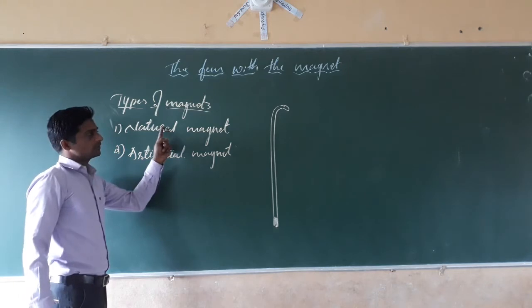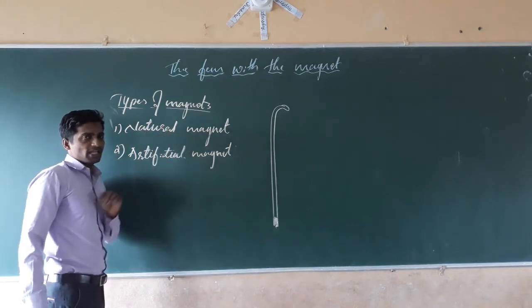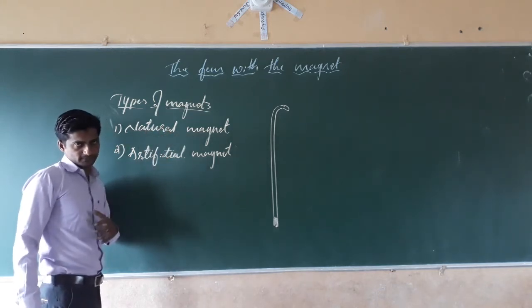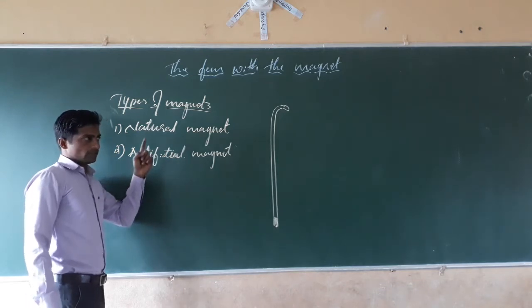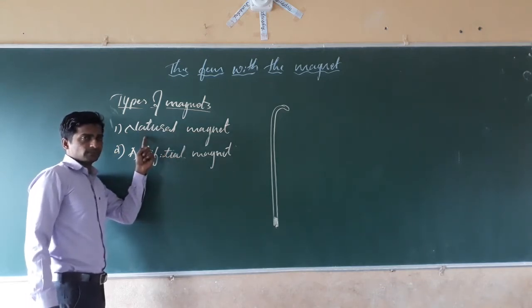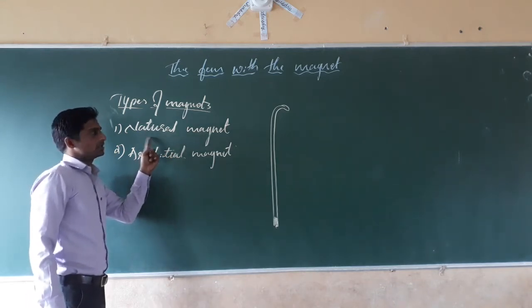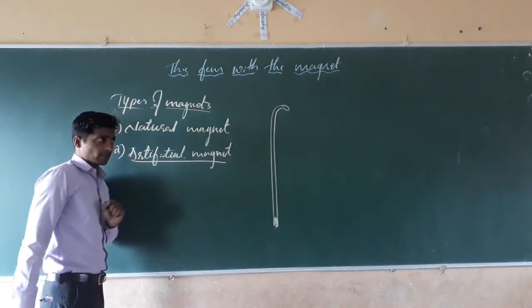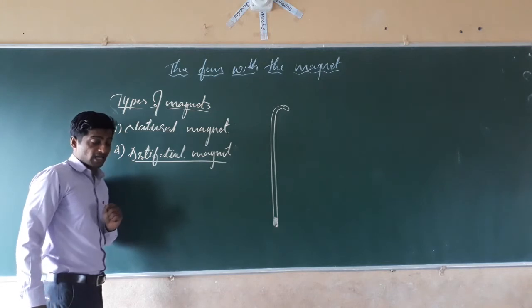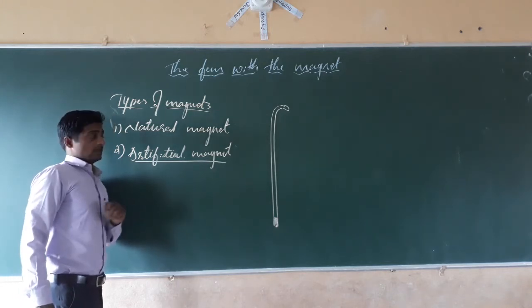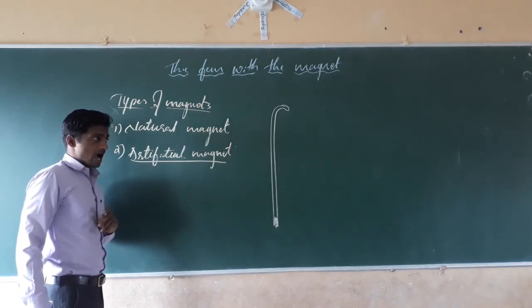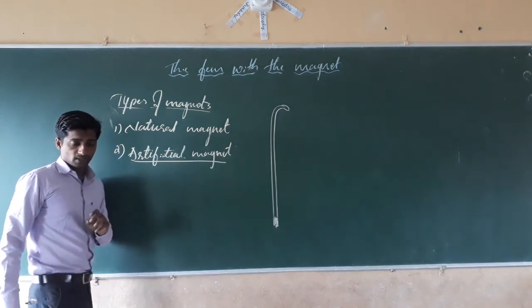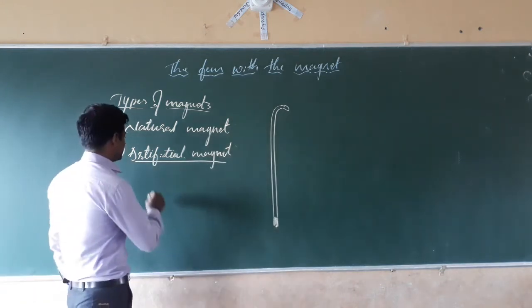Natural magnet means the magnet which is obtained naturally in the earth's crust. Artificial magnet means the magnet which is prepared with the help of iron artificially in the factories. Such magnets are called artificial magnets. There are different forms of artificial magnets.